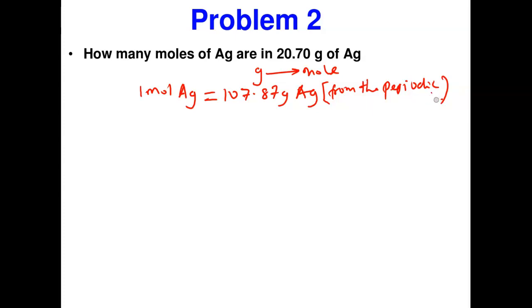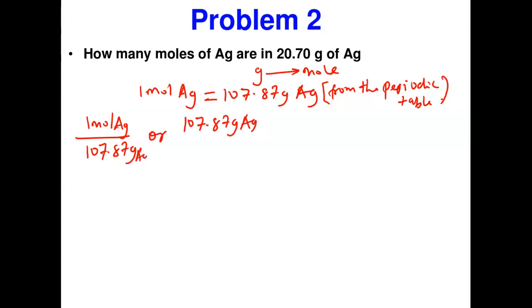I can have 1 mole of silver divided by 107.87 grams of silver, or I can have 107.87 grams of silver divided by 1 mole of silver. So these are the two conversion factors.